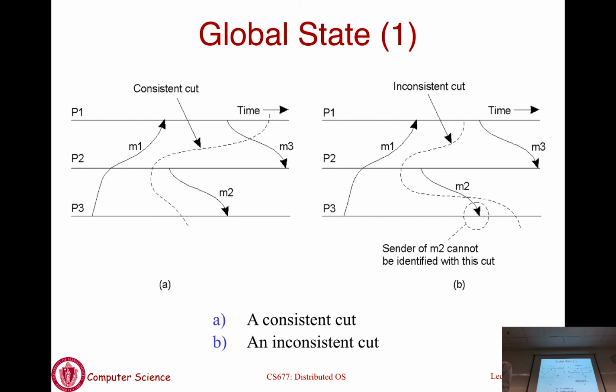The quick recap is, if you have a snapshot in which the sending of the message happens after the snapshot, but the receipt of the message has happened before the snapshot, that is inconsistent, because if you restart the application, that message will be sent another time. It has already been received and processed, and you will get a duplicate message, which will cause an error. So, it is fine for the send to be before and the receive to be after, but you cannot have messages being received before they are sent from a snapshot perspective. So, you want to avoid that problem.